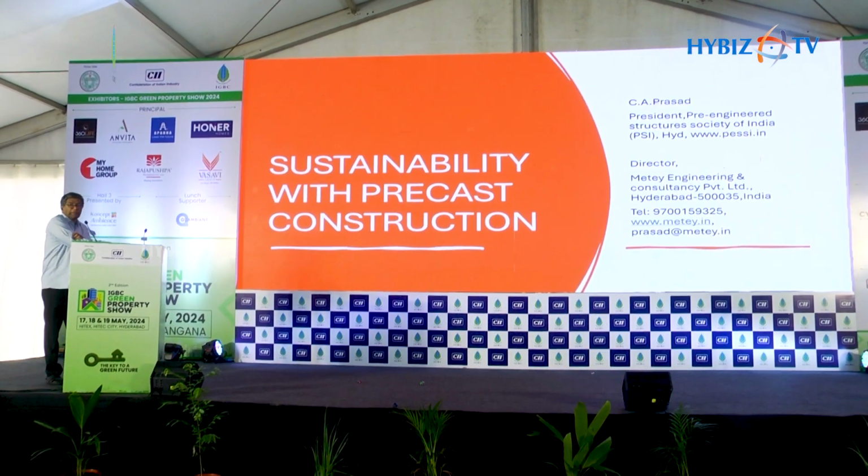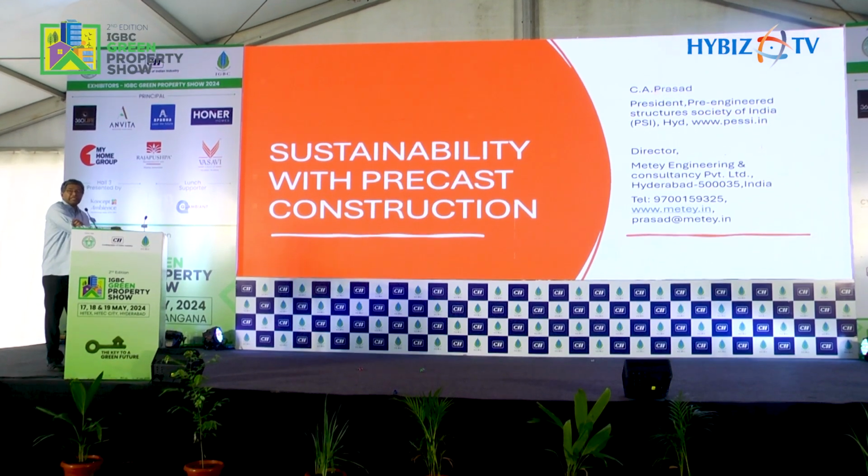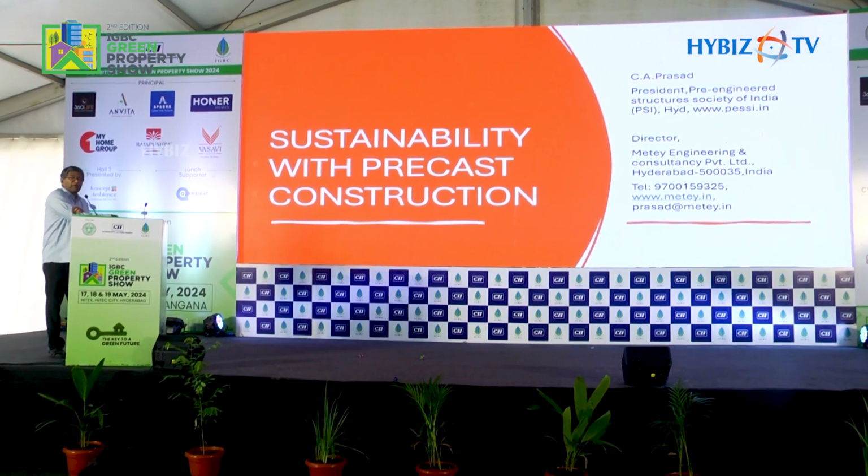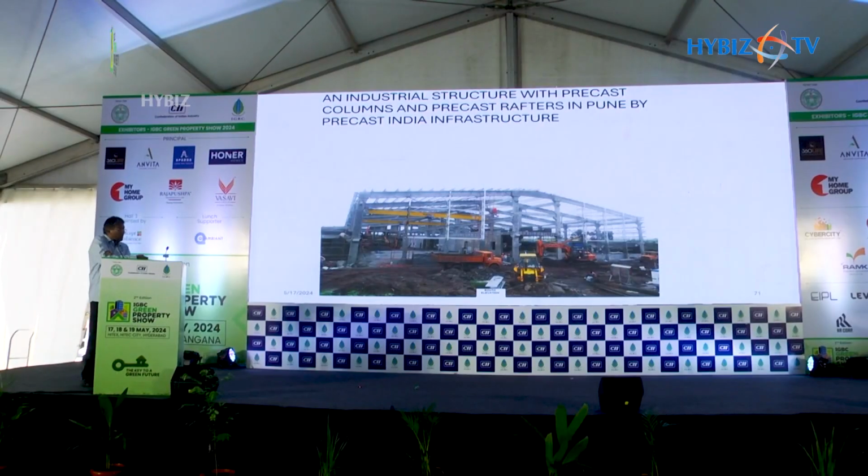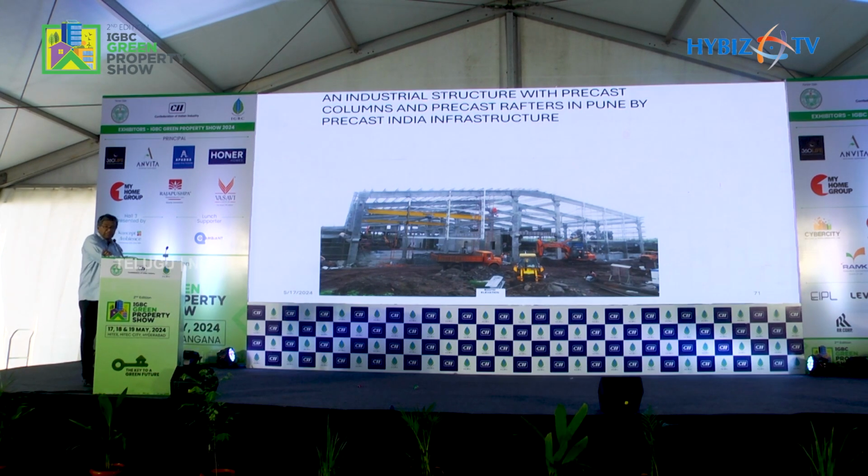Now comes precast construction and its sustainability issues. We'll talk briefly about precast construction. In PEB buildings, nowadays we are coming up with precast columns and precast beams. Only the roof is made up of purlins and a roofing system because that is cheaper. These columns and beams are made with precast concrete, and it is fire resistant, fireproof, wonderful.